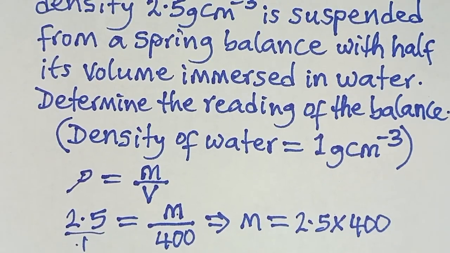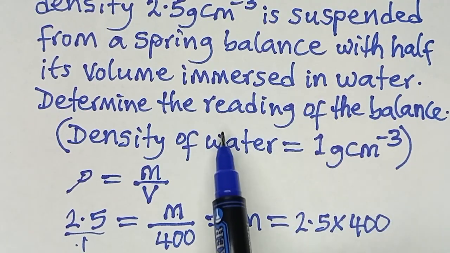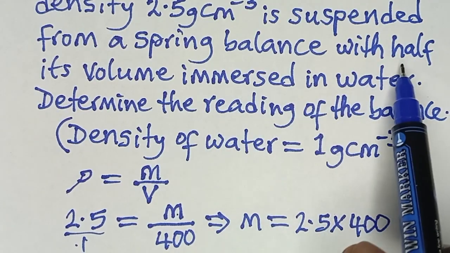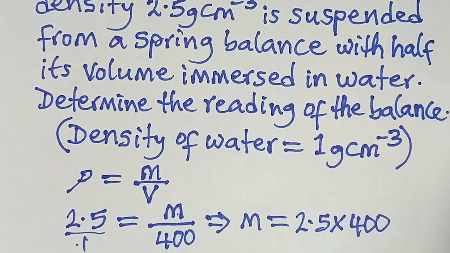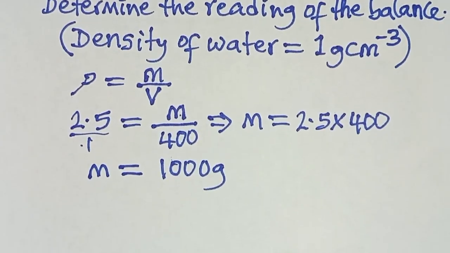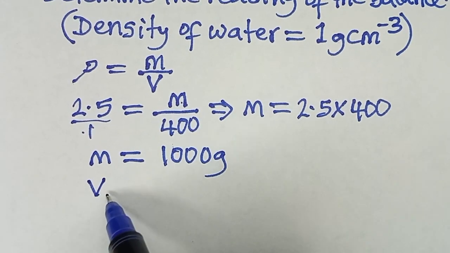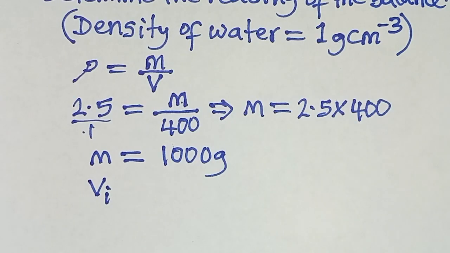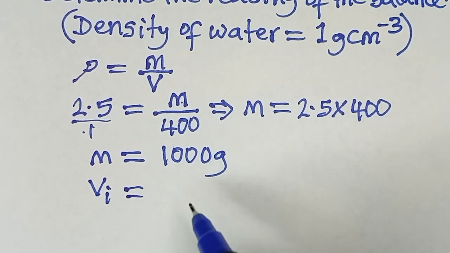Now, we are told that when the object is immersed in water, half of its volume is actually immersed. So the volume immersed, let me use V subscript i, is equal to half of the original volume.